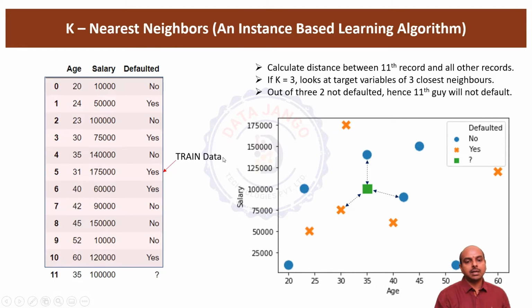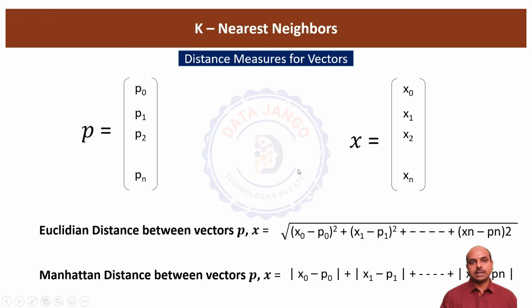There are 2 ways to calculate distances. One is Euclidean distance, another is Manhattan distance. If you look at these 2 formulas, even though you pass 2 vectors, the formulas are going to output one number. We will use either Euclidean distance or Manhattan distance. Let us think that we are using Euclidean distance to calculate the distance between the new record and the existing records in the train set.